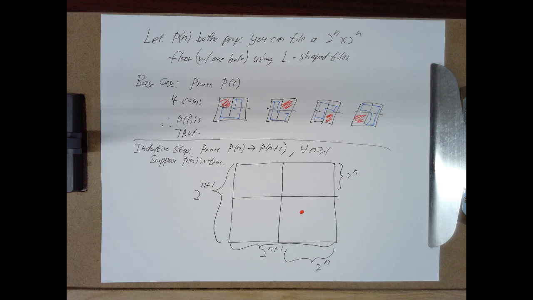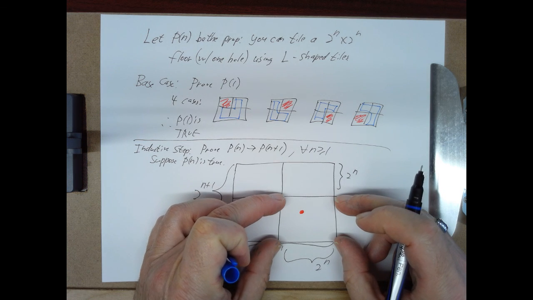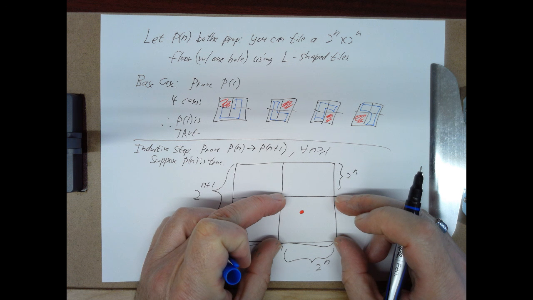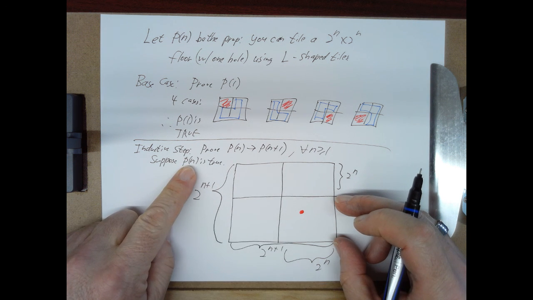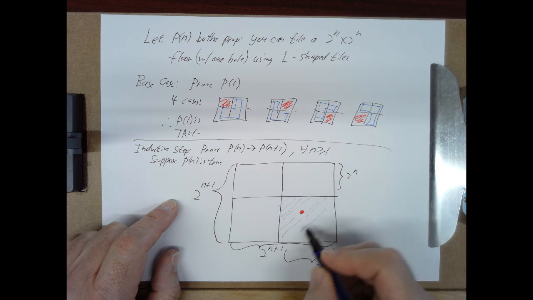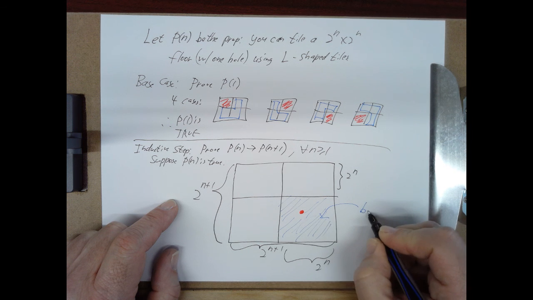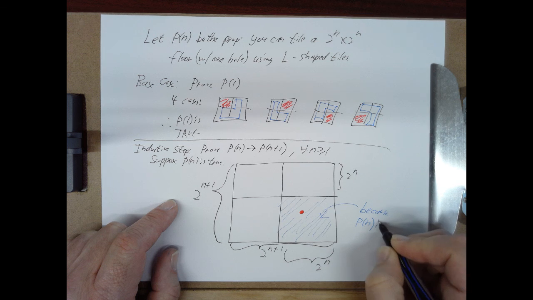Well, we know that we can tile this 2 to the n by 2 to the n region with L-shaped tiles, correct? We know that because we're supposing P of n is true. So we can tile all of this because P of n is true.